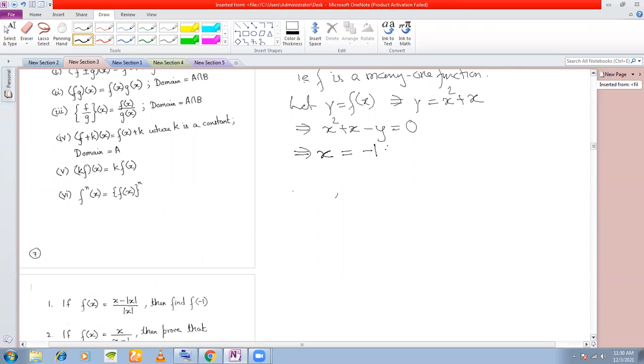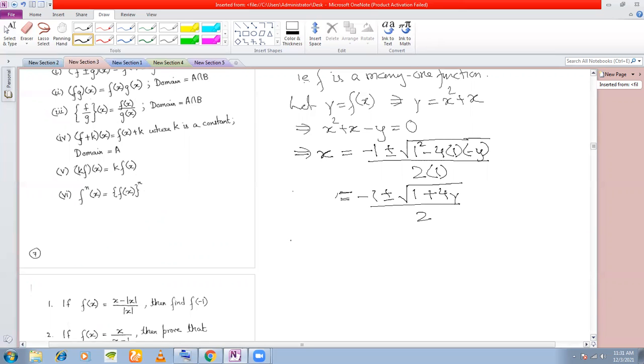Minus b plus or minus the root of b squared minus 4ac, where c here is minus y, divided by 2a. So you get minus 1 plus or minus the root of 1 plus 4y, divided by 2. So we have managed to find out x in terms of y.